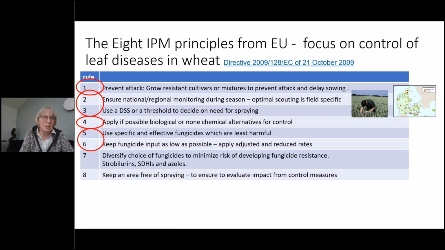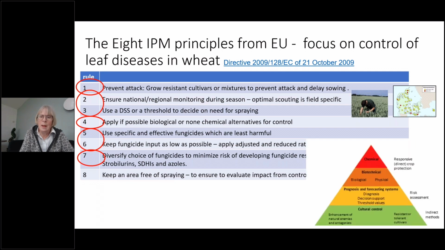And when it comes to resistance, it's all about diversifying the choice of chemicals you use and making sure that you don't push fungicide resistance unnecessarily. These are the basic principles, but how they are going to be taken into account in the individual countries is very open at the moment. But I'll share with you some of the elements which have been included in the Danish perspective.